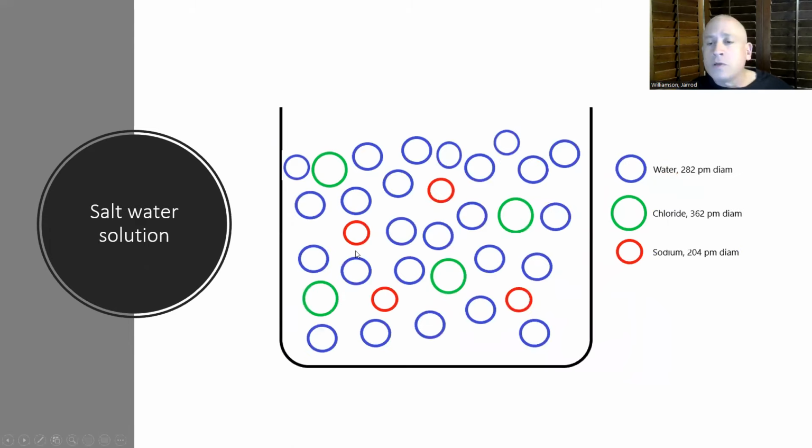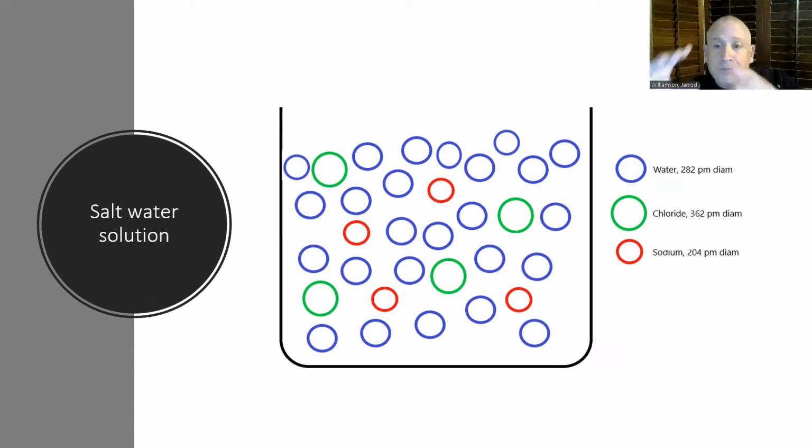Here I have a saltwater solution, sodium chloride. Water is 282 picometers in diameter. Salt water consists of sodium chloride, and in water it floats around as separate sodium ions and separate chloride ions, apart from each other.